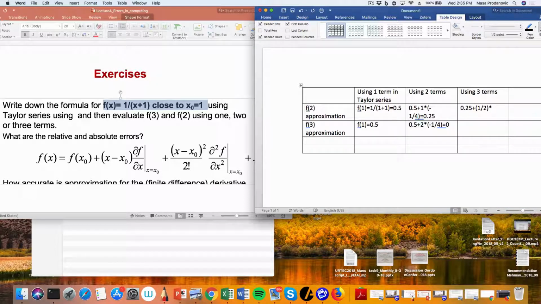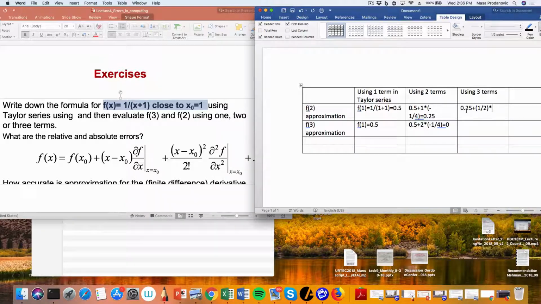Okay, so if you're using 2 terms for your f of 3 approximation, why is it negative 1/4 instead of positive 1/9? Because I have to evaluate the derivative at 1, not at 3 or 2. So this is at x equal to x0, which is 1.